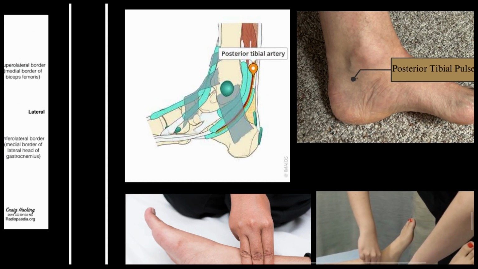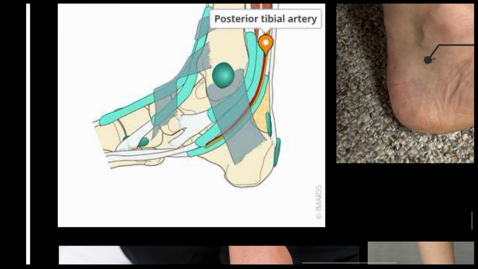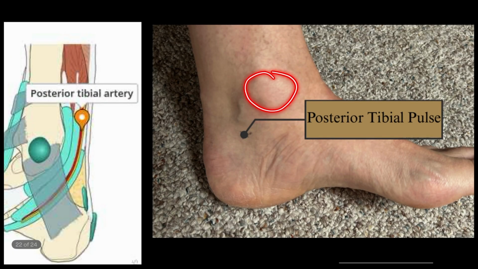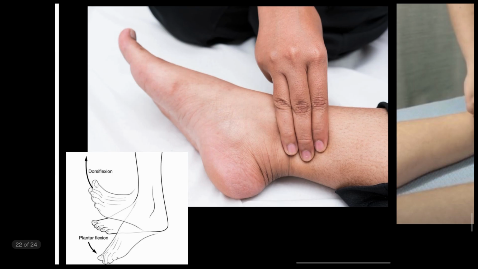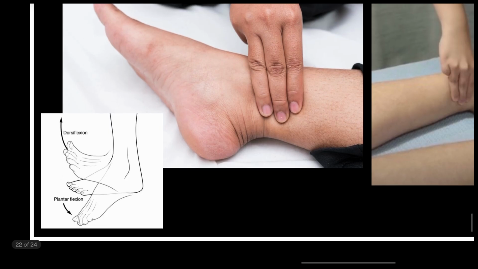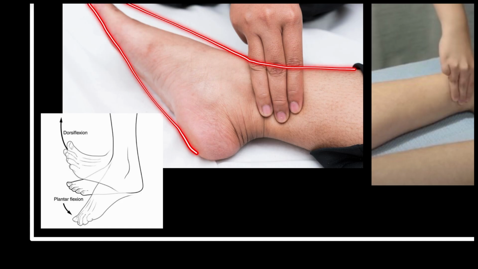Next is the posterior tibial pulse. The posterior tibial artery is present around 2 cm behind and below the medial malleolus. So you palpate it around 2 cm behind and below the medial malleolus. One trick that I am gonna tell you is that to palpate posterior tibial pulse, you ask the patient to perform plantar flexion.